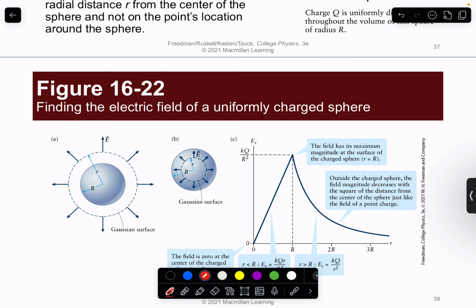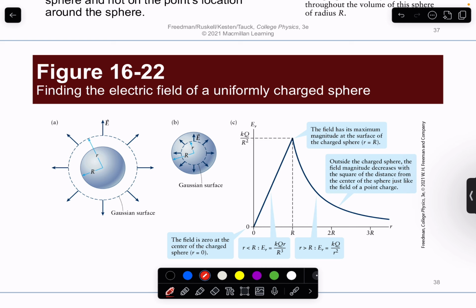So now in this figure, let's say that I want to use Gauss's law to tell me something about the sphere, okay? How would I do that? Well, I would draw my Gaussian surface in a shape that is symmetric with the object. In this case, it would be a sphere. And then I would go about calculating the flux, okay?